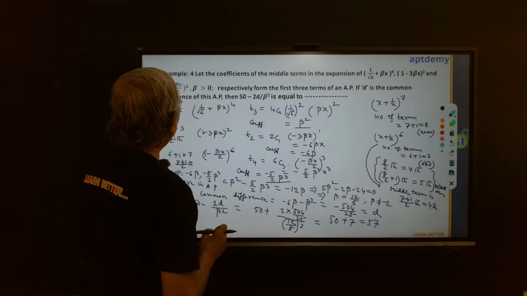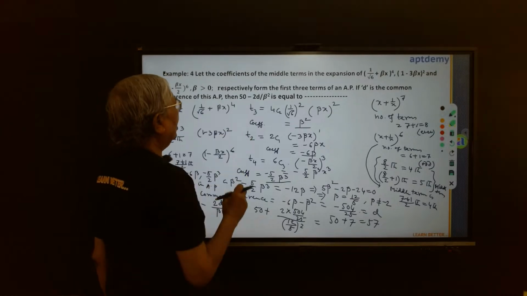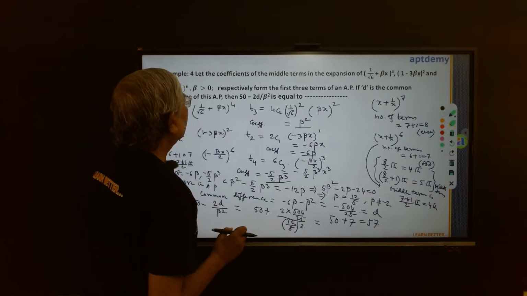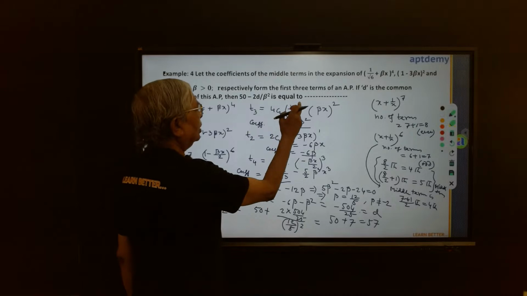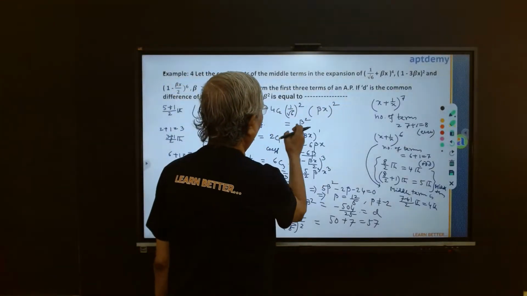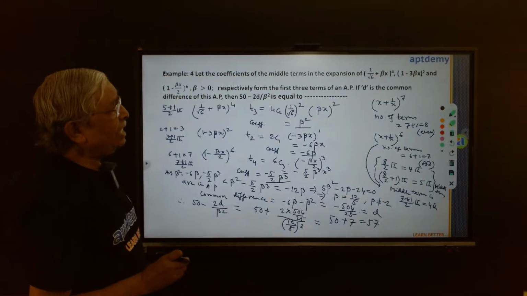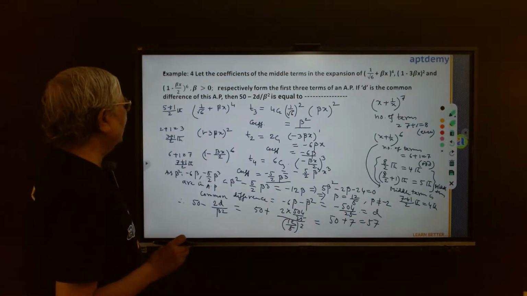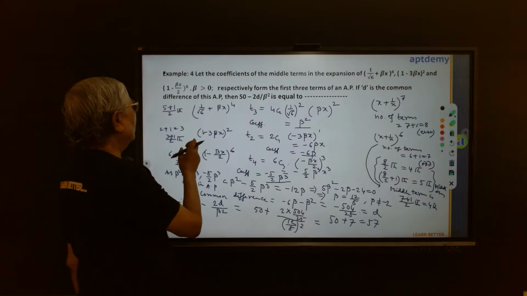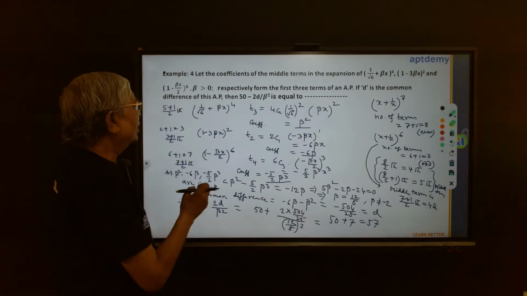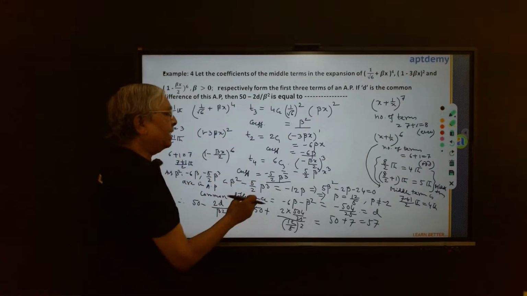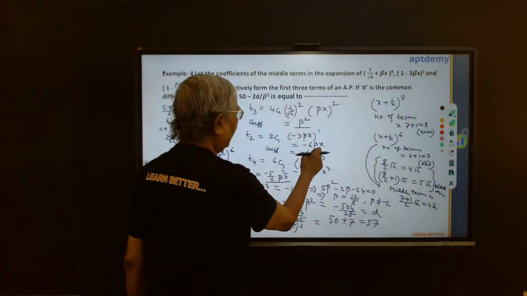So that is the middle term. So T3 is equal to 4C2 into (1 by 2) whole to the power 2 beta x squared, and the coefficient will be equal to beta square. In case of the second expansion, number of terms is 3, so the (3 plus 1) by 2 th term, that is T2, is the middle term, and here the coefficient is minus 6 beta.